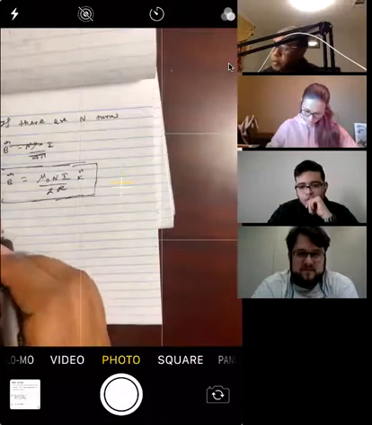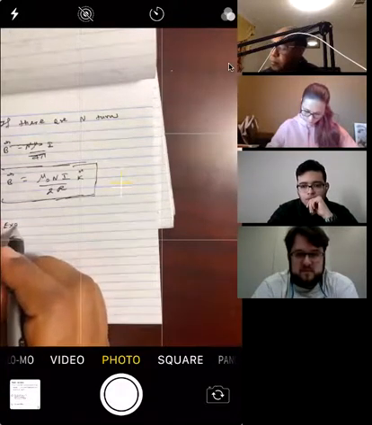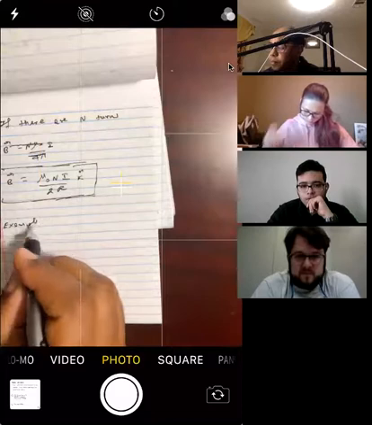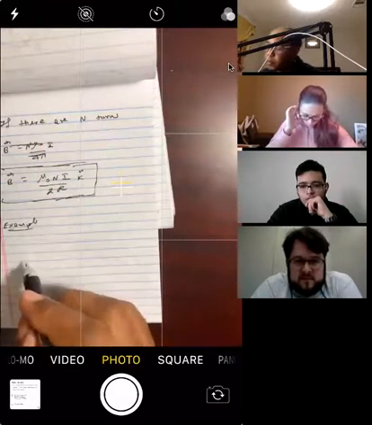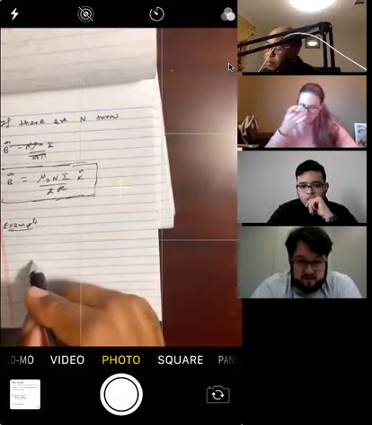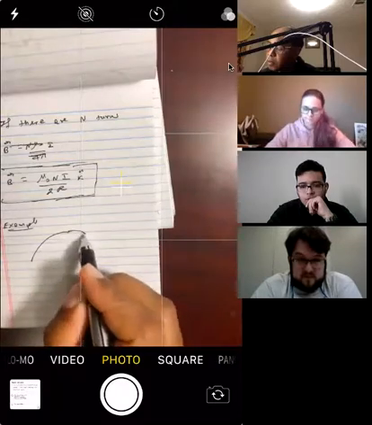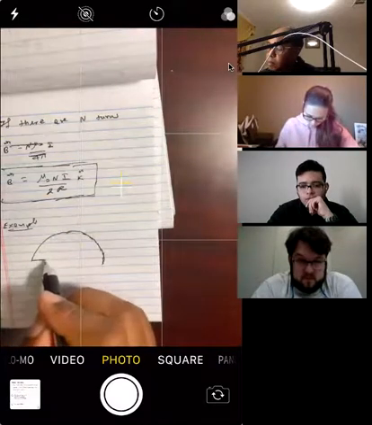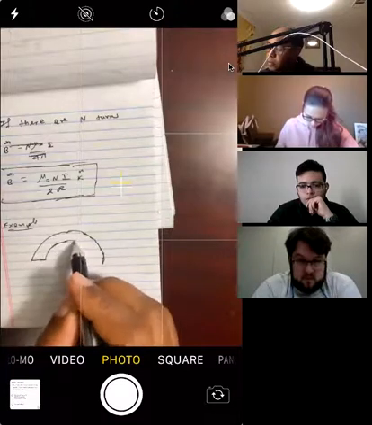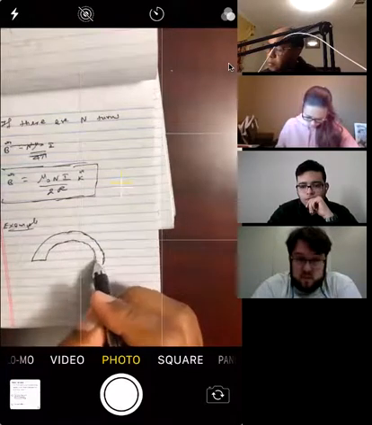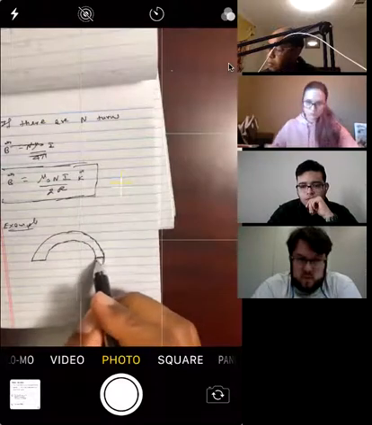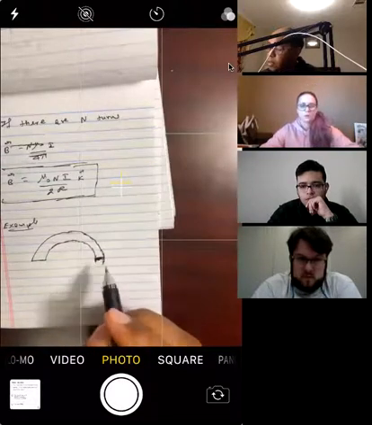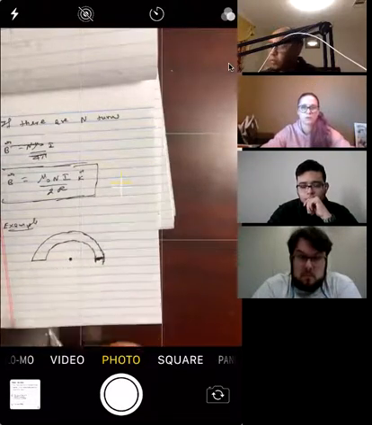So now let's look at an example. Suppose we have this wire, maybe another wire like this. It's in the same line over here with this one. And we want to calculate the magnetic field at the center.